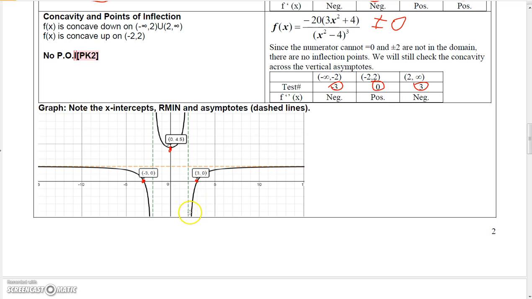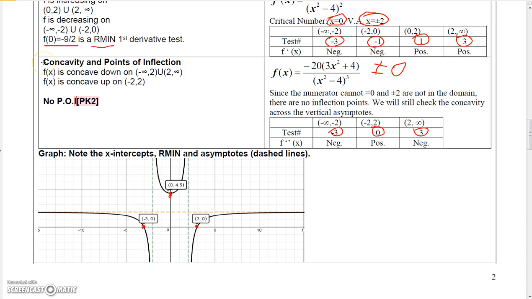It's got to be going down as you get close to it, and then as you come up and go out to infinity, it should get closer and closer to that horizontal asymptote. And then in here, the graph was concave up, and since this is a minimum, it must be coming down and then turning around and going back up. And so there's the graph of that one.